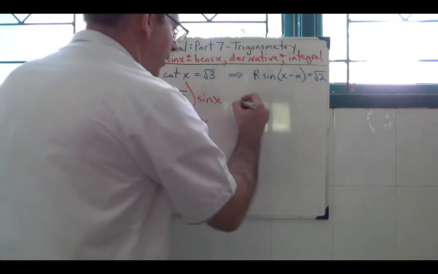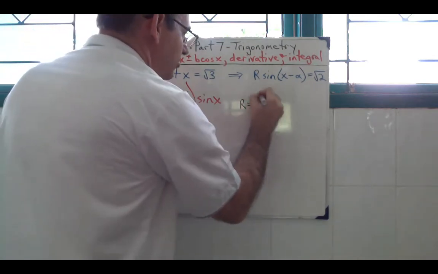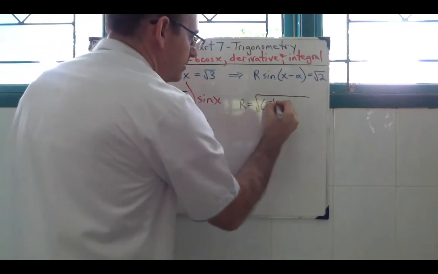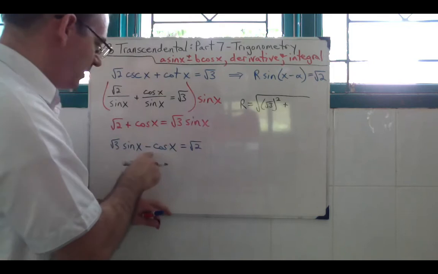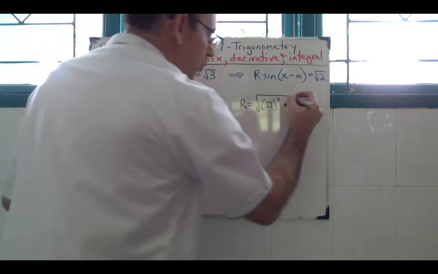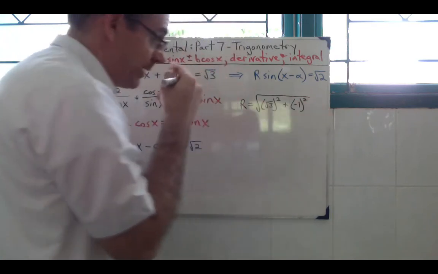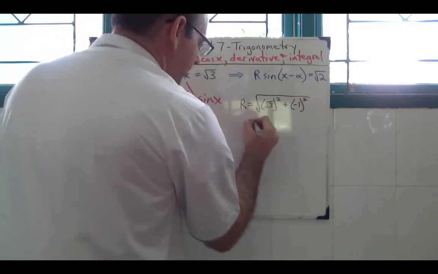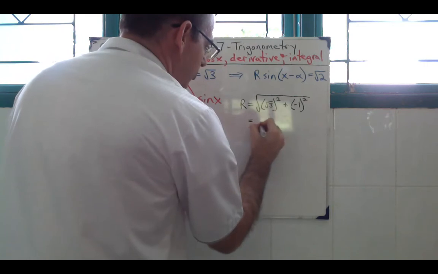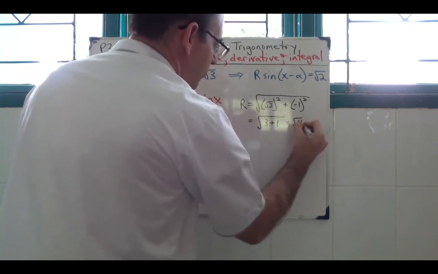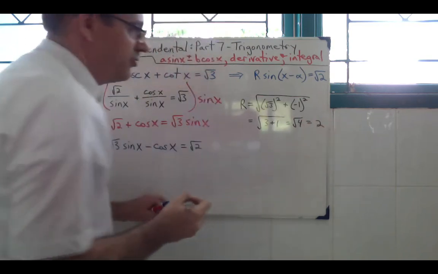So to find the r, our square root of root 3 squared plus, this is an understood 1. You can put -1 if you want. It's not going to matter because you're squaring it. And so you get root 3 plus 1, which is root 4, which is 2.